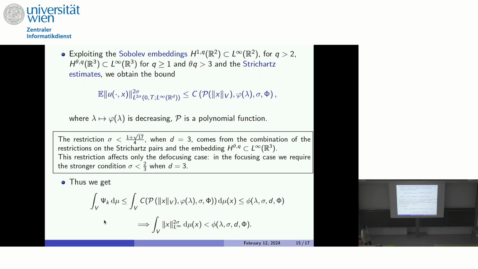The problem is that at this point you want to use Strichartz estimates, so you have some condition on the Strichartz pairs that depends on the dimension, but at the same time you want your solution to live in Sobolev spaces that are embedded in L infinity, and this also requires some condition that depends on the dimension. So if you put together all these conditions, then you see that when you are in dimension 3, you have a condition on the power of the nonlinearity that affects just the focusing case.